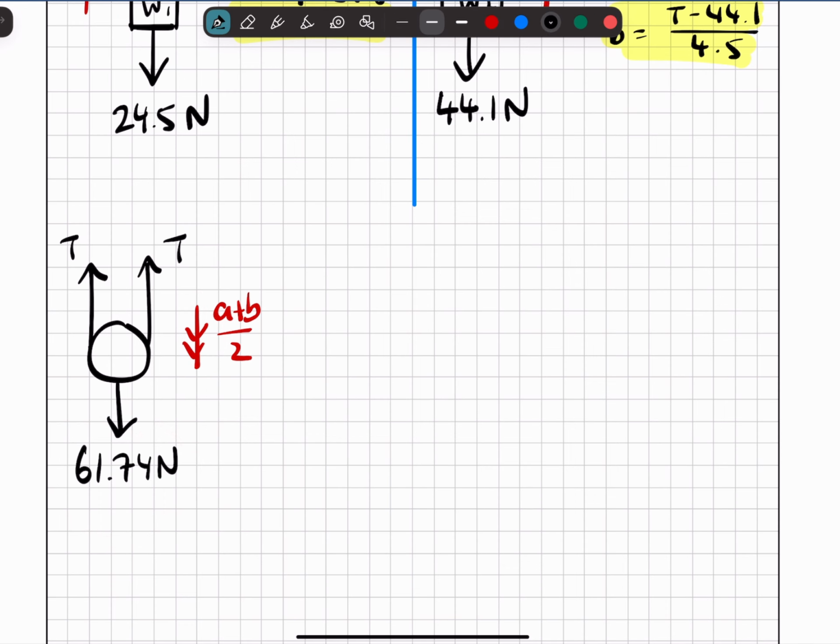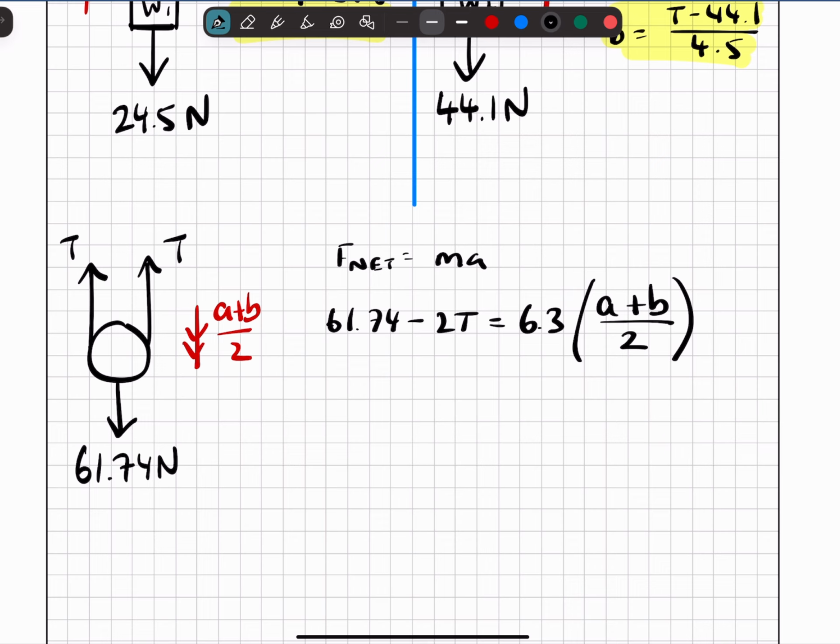So what I'm going to say here is, okay, the net force, always starting with this idea. I always start with this to remind myself. Net F equals MA. So I'm going to say 61.74 minus the 2 tensions equals the mass. They told me the mass in the question was 6.3, and it's A plus B over 2 for the acceleration.